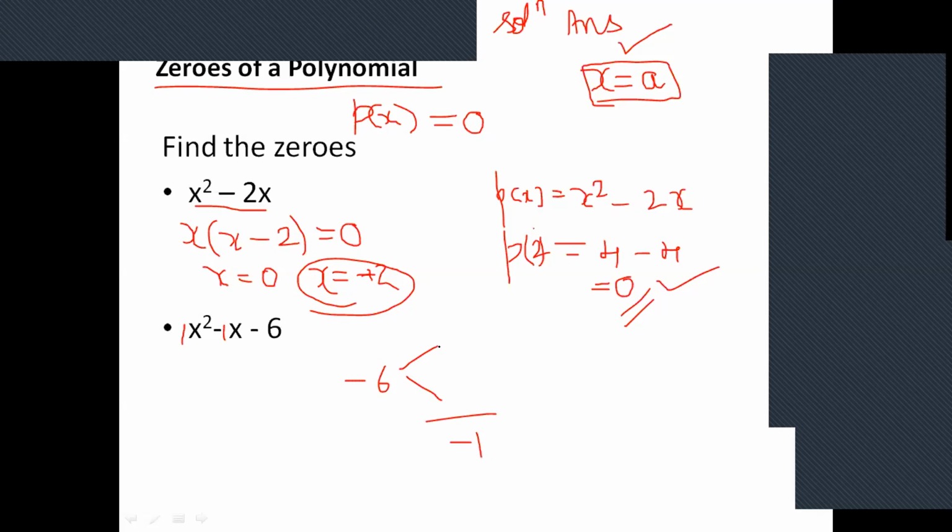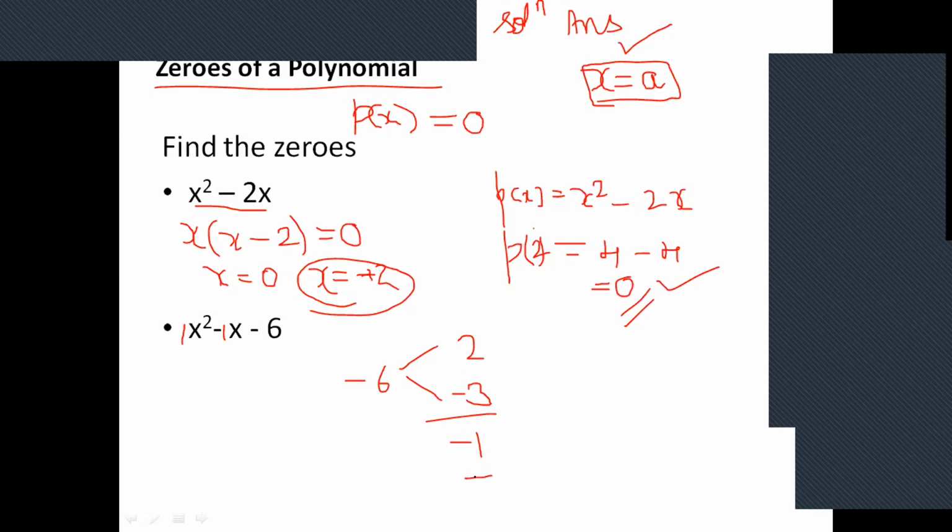So find two numbers, that is nothing but the factors. Factors here, 2 and 3 is possible, and even 6 and 1, but since the sum is minus 1, only this is possible, so I can go for minus 3. The reason is I have 2 into 3 is 6, but I have minus here, so minus goes for any one of these.